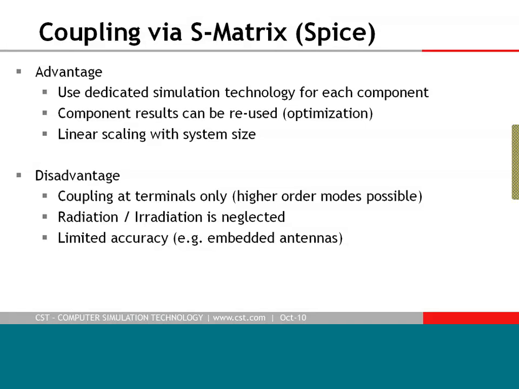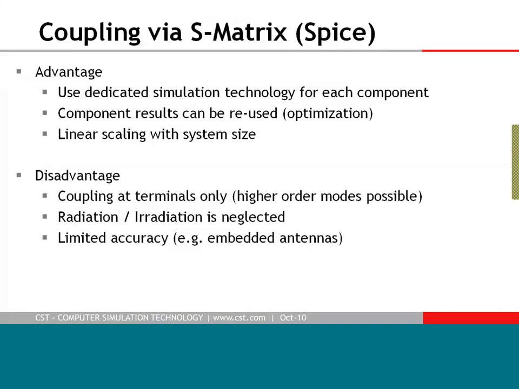It's actually used for closed structures. It works quite well, but has the disadvantage that I couple only between the two terminals, and I neglect any radiation into the cable. And of course, if I have really strong radiating elements like antennas inside, this could lead to limited accuracy.